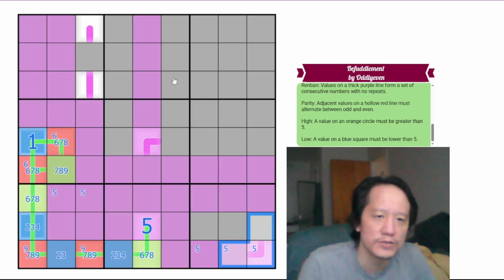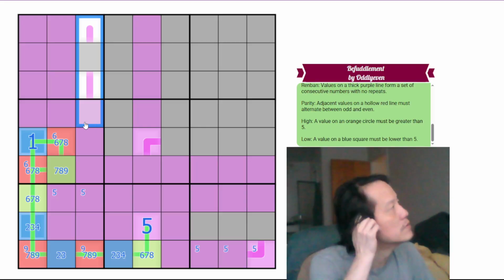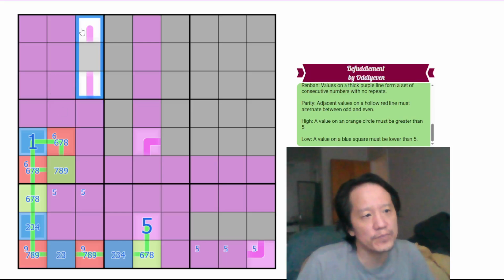You can only... So this is 4 Renban cells, 3 Renban cells, 3 Renban cells. Part of the problem here is only one can be doubled here. So if the doubled here is a value that is greater than 9, how does that form?